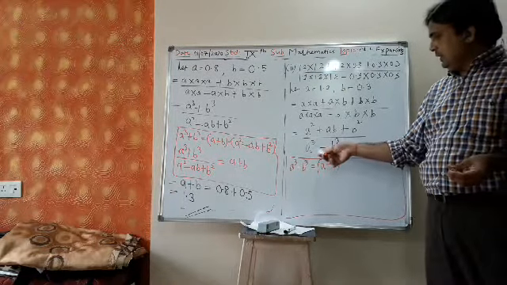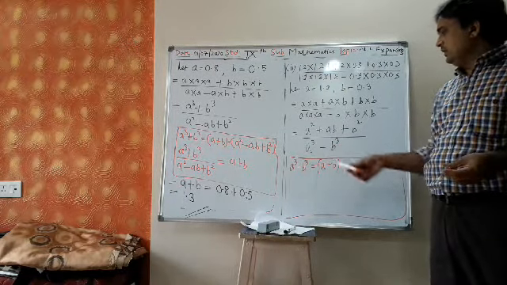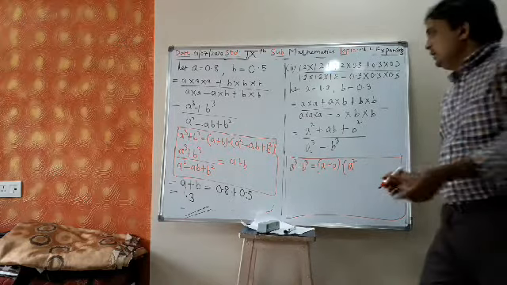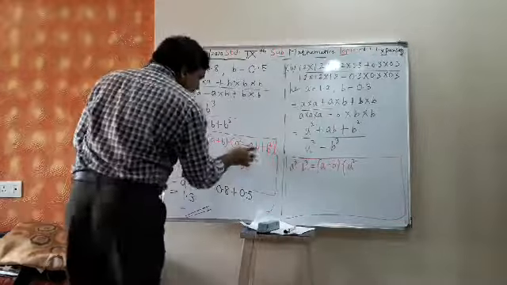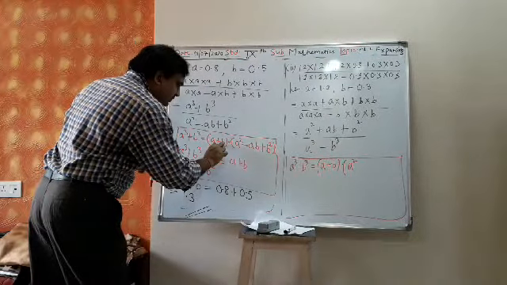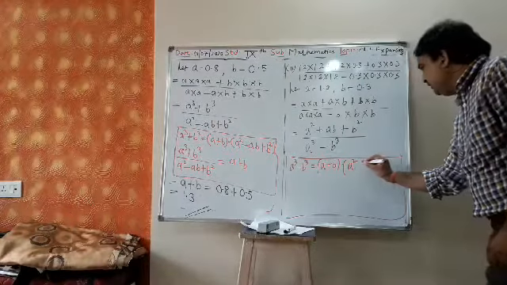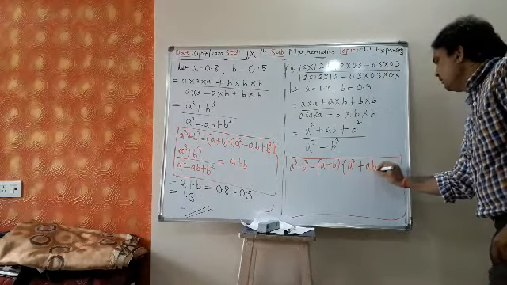Here I will take the formula for the denominator: A minus B, then A square. If it is A plus B, then along with AB there it is plus, I will write minus. Now there is minus, so I will write plus AB plus B square.